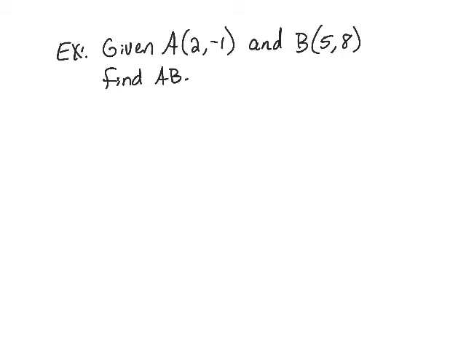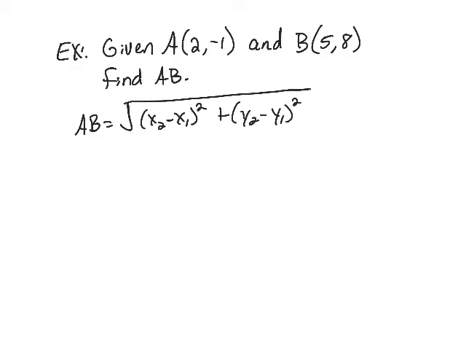Here it is again. This time I'm going to say AB, because I want the distance between A and B. The formula is the square root of x2 minus x1 squared plus y2 minus y1 squared. For now, since we haven't reduced radicals at all, we're just going to leave our answer.